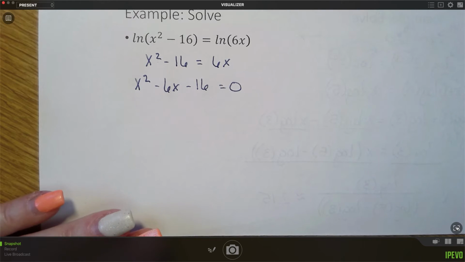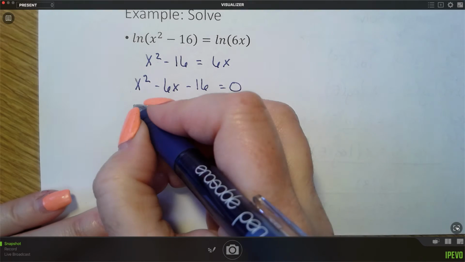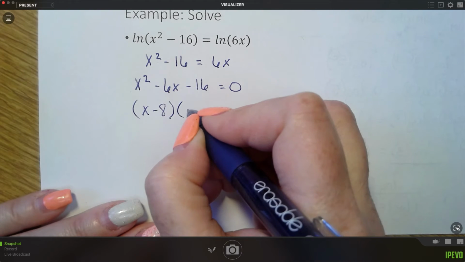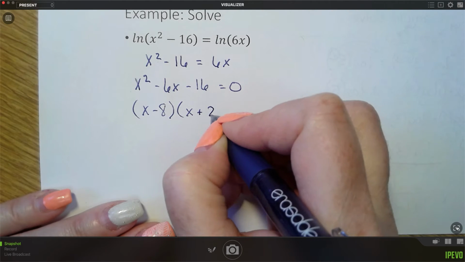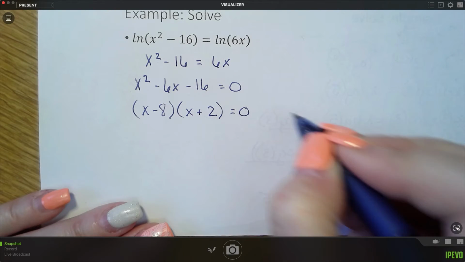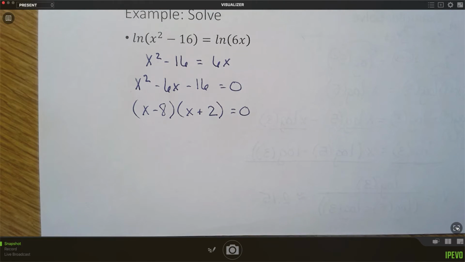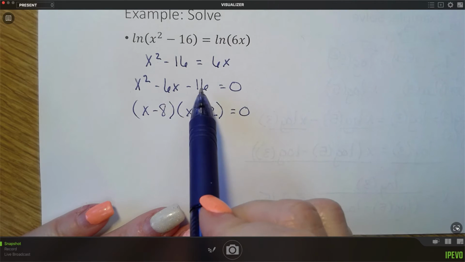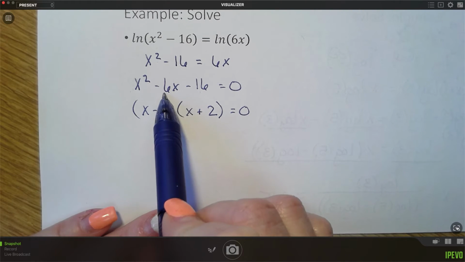It'll be negative 8 and 2. I'm so glad I heard answers without me having to spell out how to do it. That's amazing. I still got messed up on factoring. 1 times 16 is 16. Factors of 16 that have a difference of 6: negative 8 and 2.